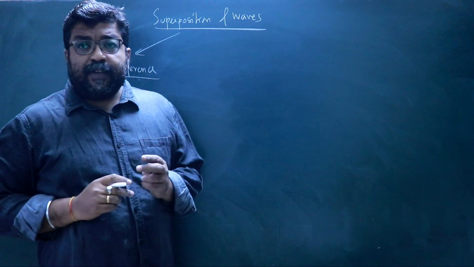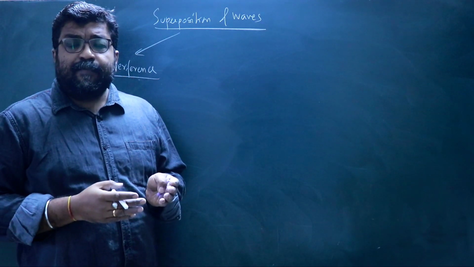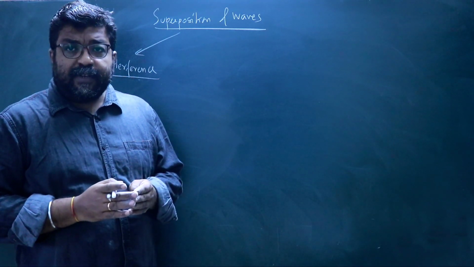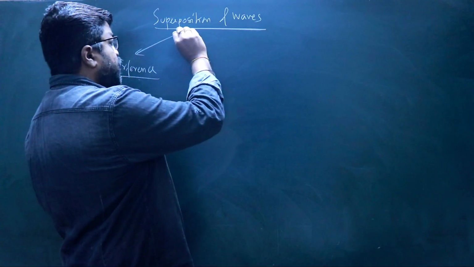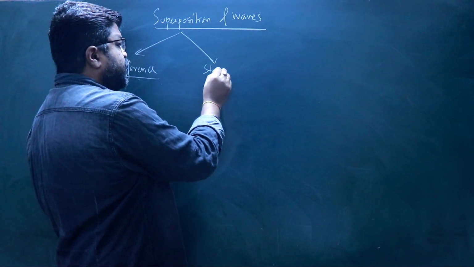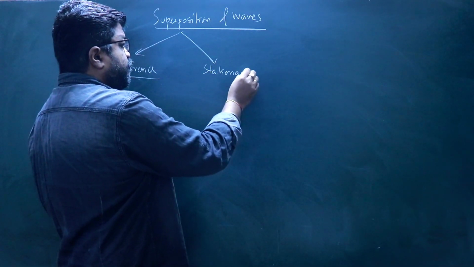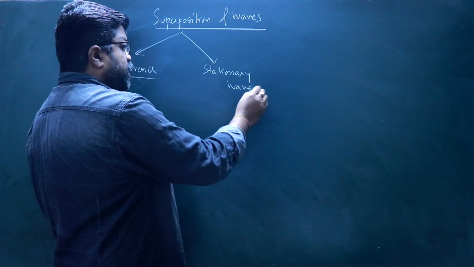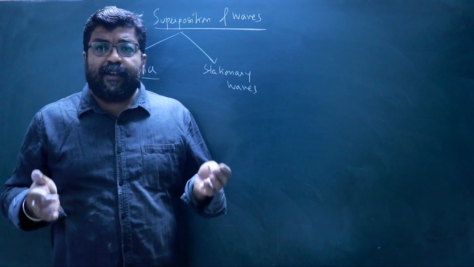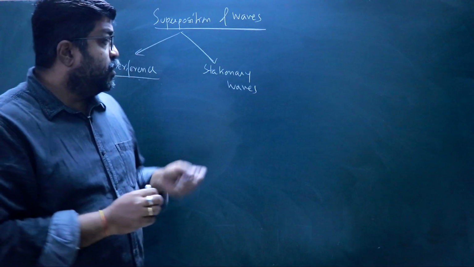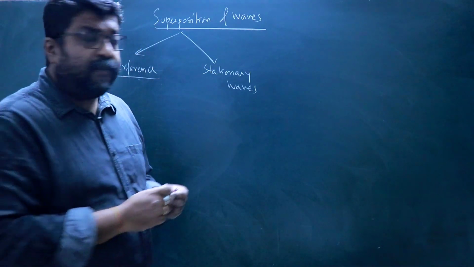So for interference we will have two identical waves with a constant phase difference traveling in the same direction undergoing superposition. Then we have stationary waves. Stationary waves are formed due to superposition of two identical waves traveling in opposite directions.